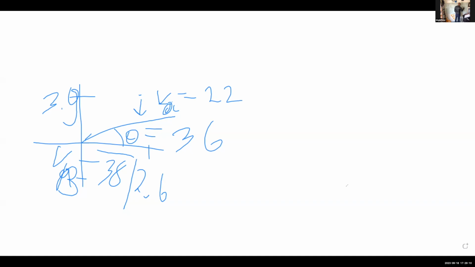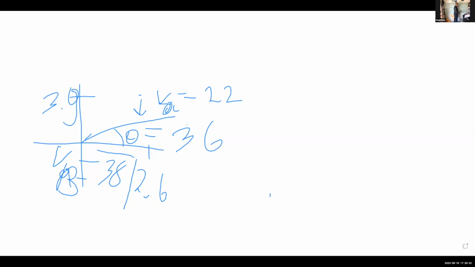basically r squared is equal to x squared plus y squared, and this is x of t and y of t squared. Now your r for the initial conditions, I'm going to say that that's your thing.